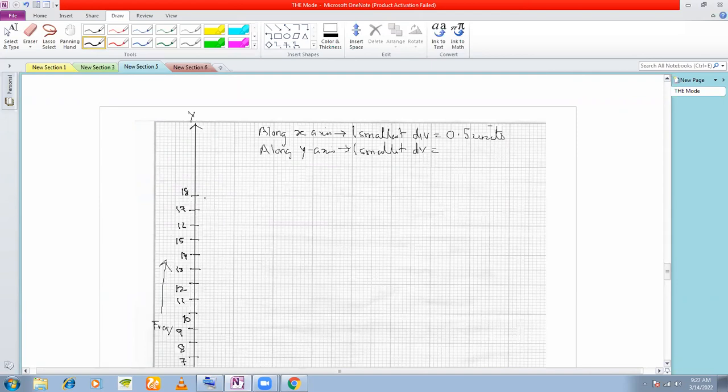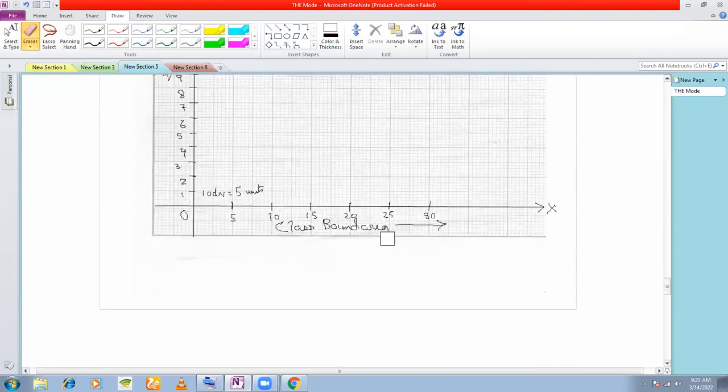So what is the scale here? You have taken 5 divisions here, right? 5 divisions is equal to how many units? 1 unit. So therefore 1 division must be equal to 1 by 5 unit, right? And what is 1 by 5? 0.2 unit. So along y-axis, 1 division is equal to 0.2 unit. Okay, so this is done.